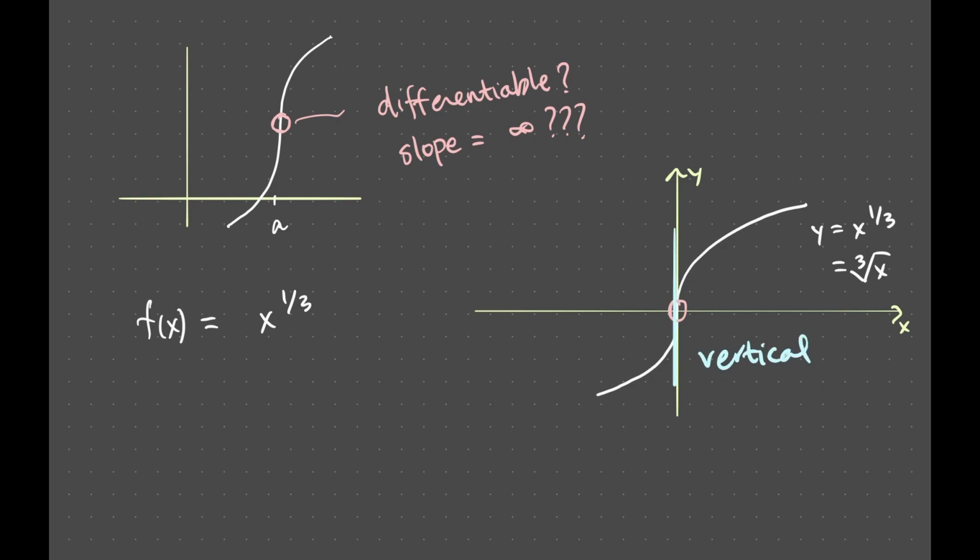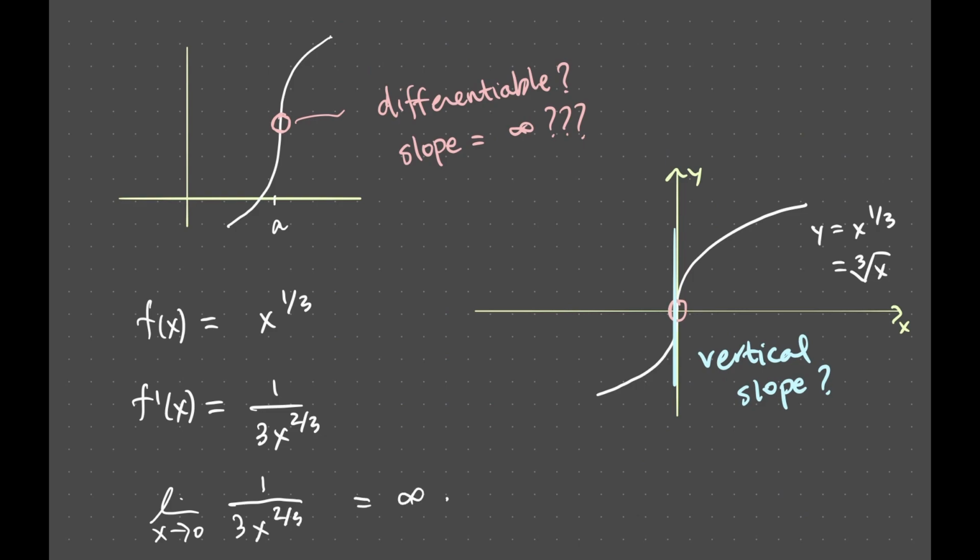Such behavior would make the function fail to be differentiable at x equals 0. Indeed, later on we'll compute the derivative of the function x to the 1/3 power, and we'll show that it's equal to f prime of x equals 1 over 3 times x to the 2/3 power, which, as x goes to 0, blows up to infinity, and isn't defined at x equals 0.